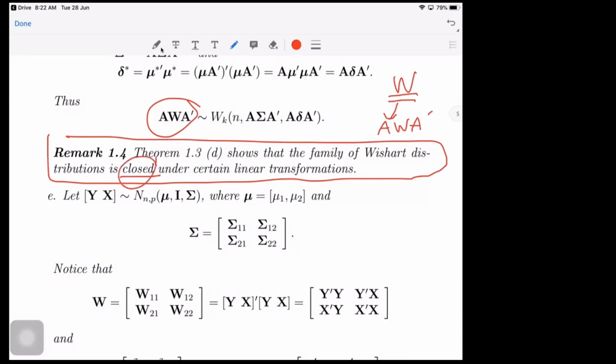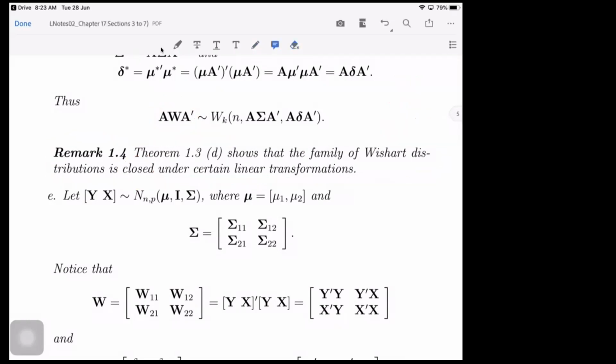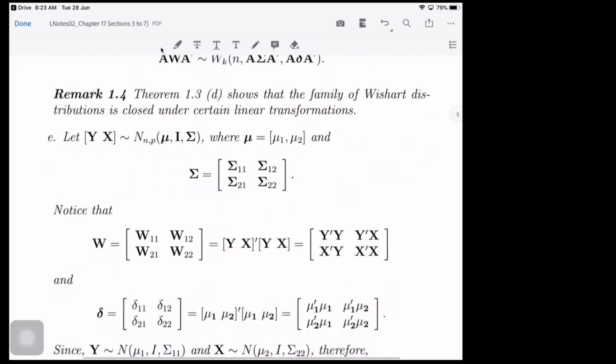So closed means, if it starts with a Wishart distribution, after that linear transformation, it still follows the Wishart distribution. So these are just the two remarks which I've added in the notes. So you can screenshot this or review it later in the recordings.